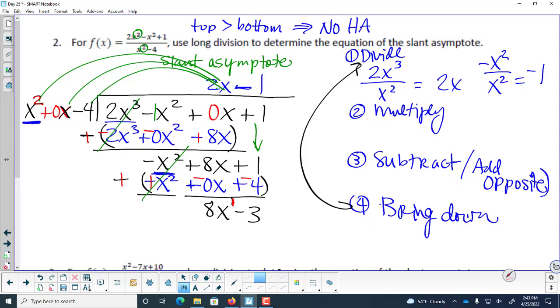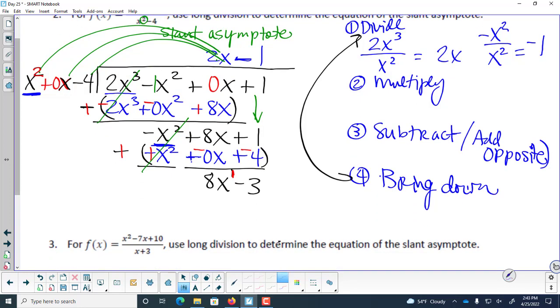Okay? So that's my remainder, but to find the slant asymptote, I don't ever care about the remainder, except there is one situation where I care about the remainder to determine if it crosses its slant asymptote. But otherwise, for the actual slant asymptote equation, or oblique asymptote, all you need is the quotient.